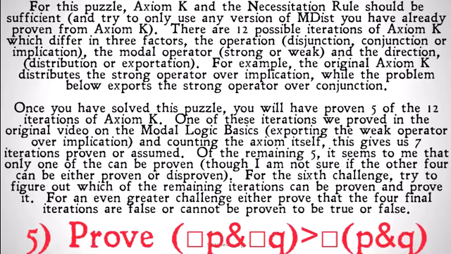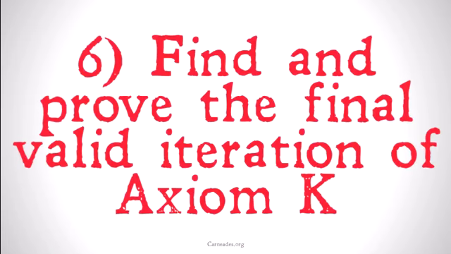All right? Hopefully that makes sense. Hopefully it makes sense what I'm saying here about the different iterations, which of the iterations you're trying to find, and how you can prove it. Okay? Give those a try. So, number 6, find and prove the final valid iteration of Axiom K.